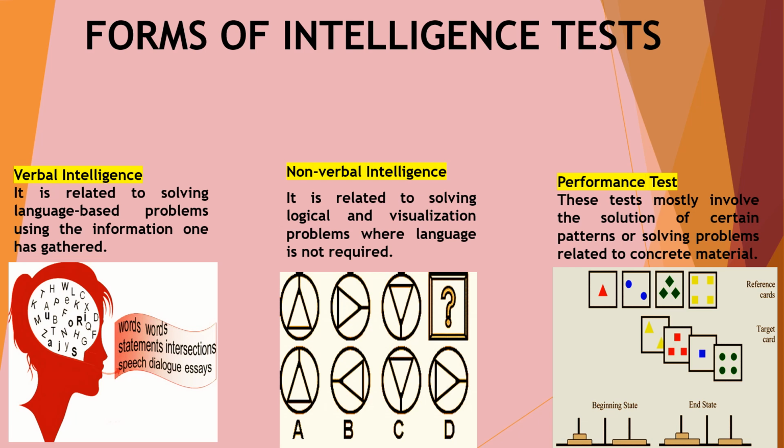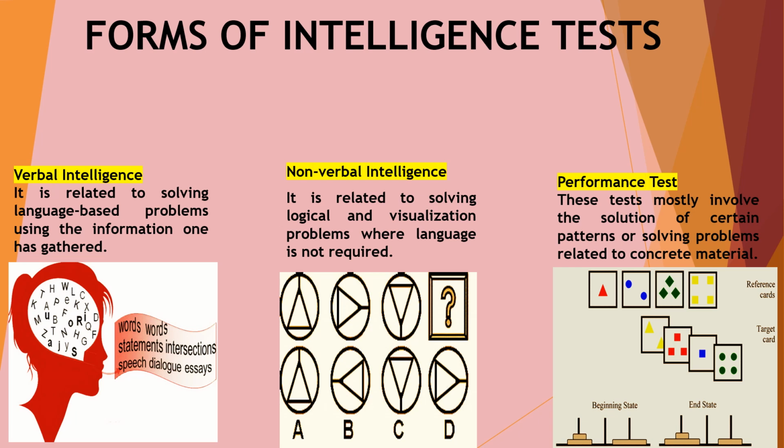Then analogies. This may include questions that require an individual to identify relationships between words and to apply that knowledge to new situations. Then comprehension, which may include questions that assess an individual's ability to understand and interpret written passages.